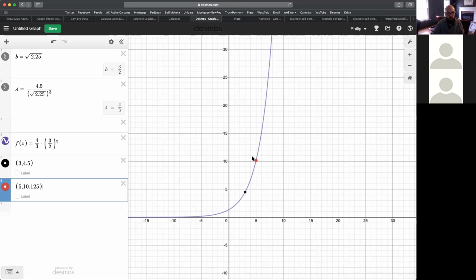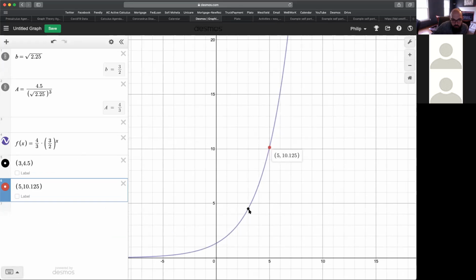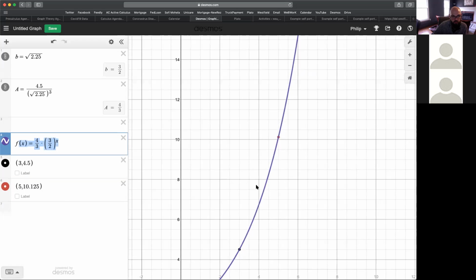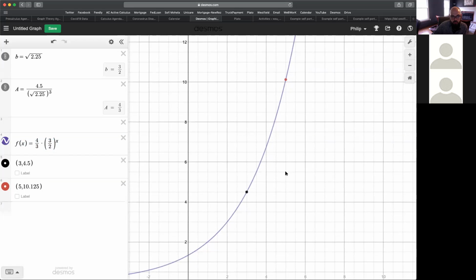Verifiably, I took my 2 data points, the 2 that I wanted, and we walked through our procedure to get this equation, and visually we see that yes, it does work. So this is an exponential function that goes through the 2 points that I wanted initially.